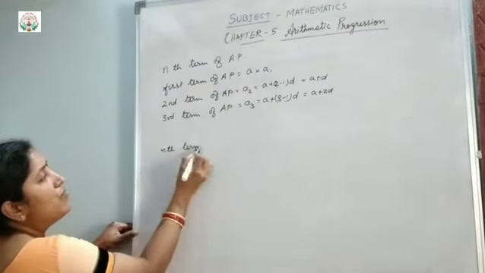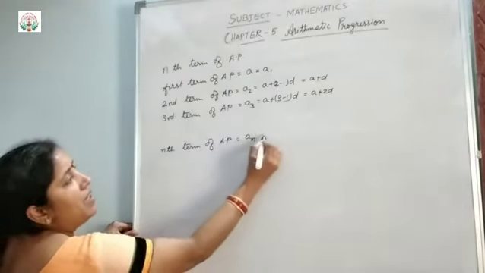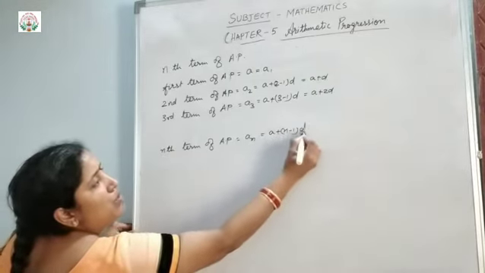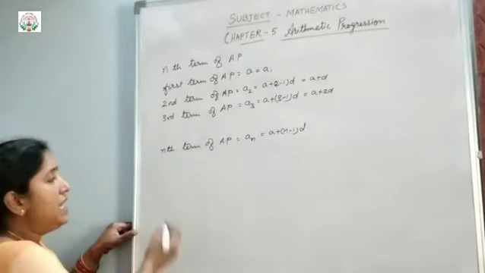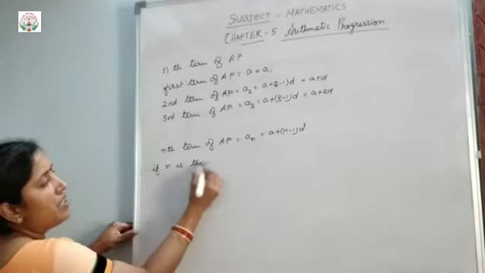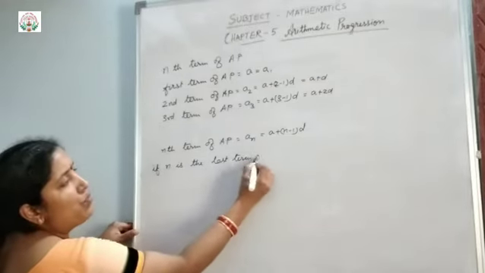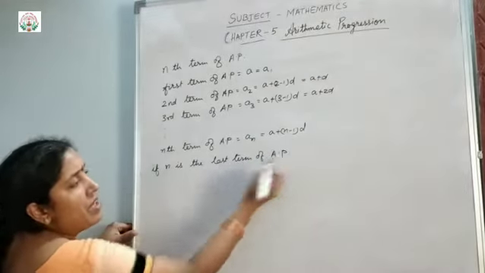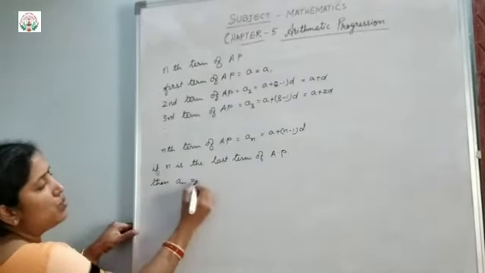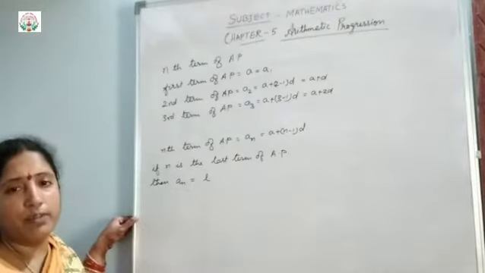So same way, the nth term of AP, An, will be A plus n minus 1 into D. If n is the last term of AP, then an equals L, where L means the last term.